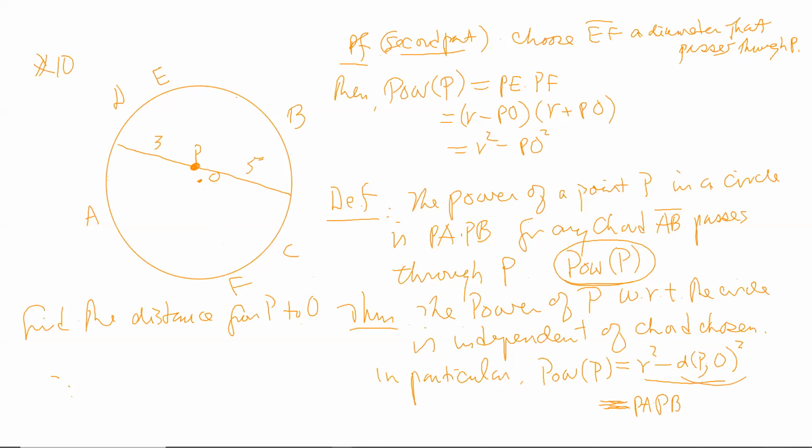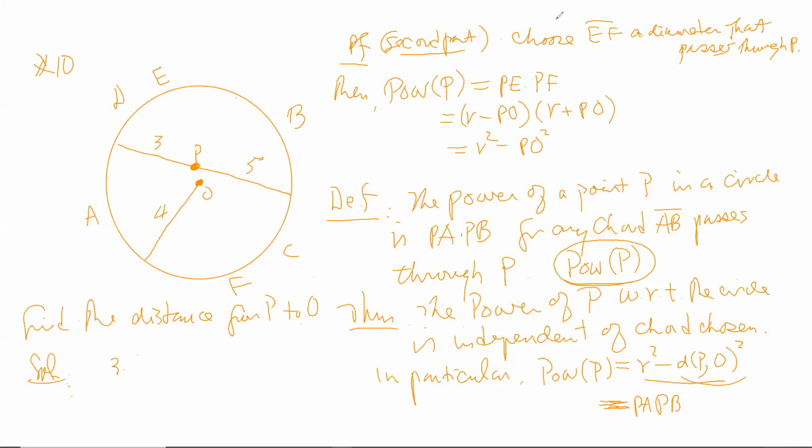And let's give a radius. So the radius here is maybe 4, okay? So if you are just given this data, find the distance from P to O, it doesn't sound possible, do you agree? Actually, it does, if you draw some auxiliary lines, but this problem looks like they are all disconnected, right?